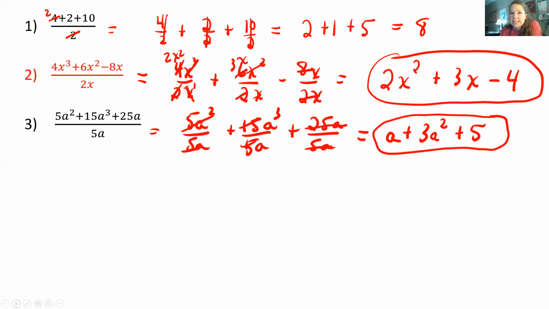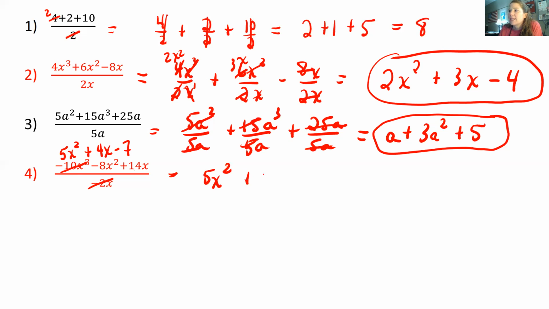All right, so 4, we have a negative divided by negative is a positive. So positive 5x squared. And then negative 8 divided by negative 2 is positive 4x. And then 14x divided by negative 2x is minus 7. So we have 5x squared plus 4x minus 7.